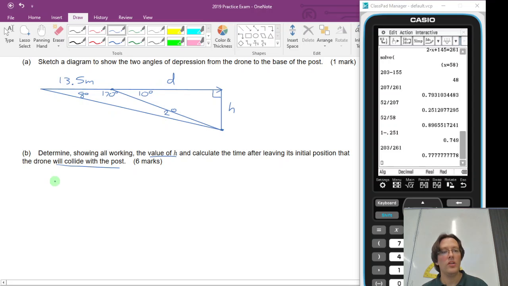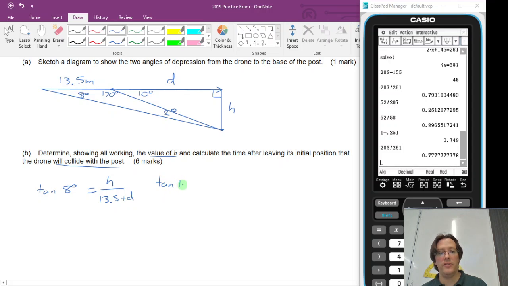So what we've got is tan of 8 degrees is going to be opposite, which is h, over adjacent, which is 13.5 plus d.